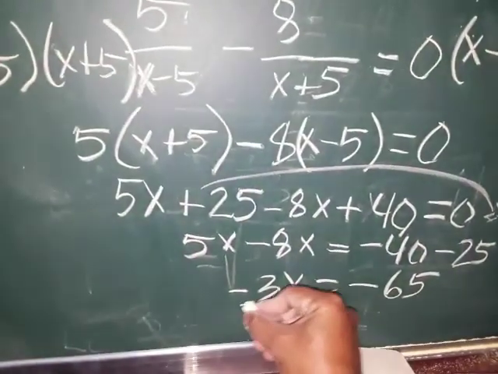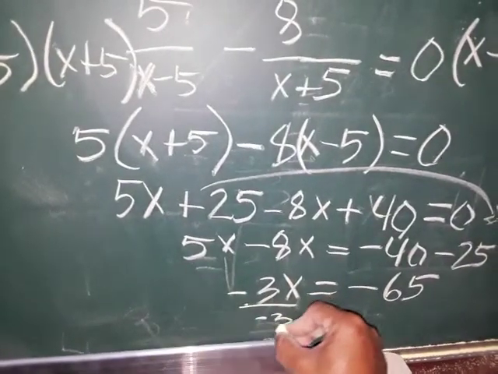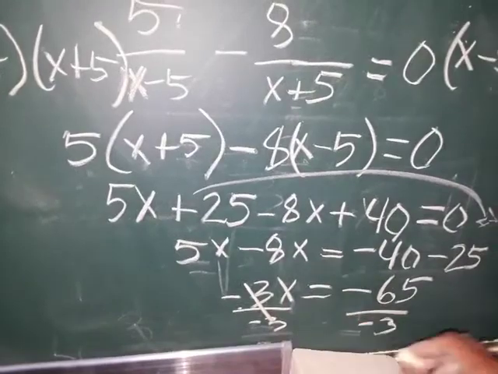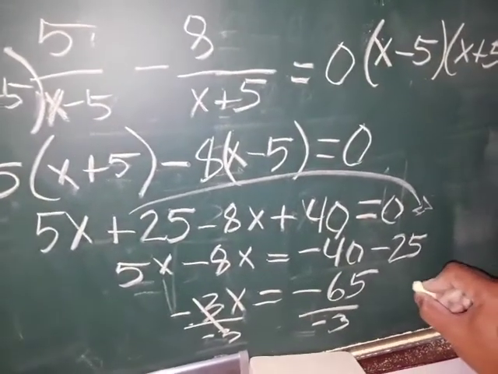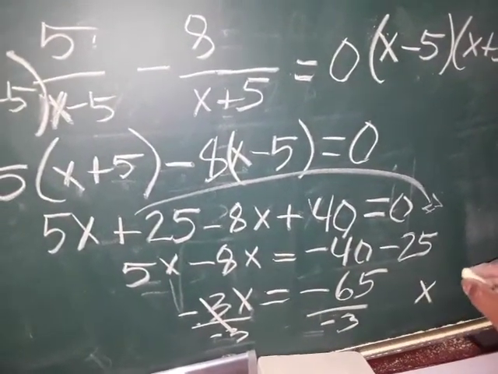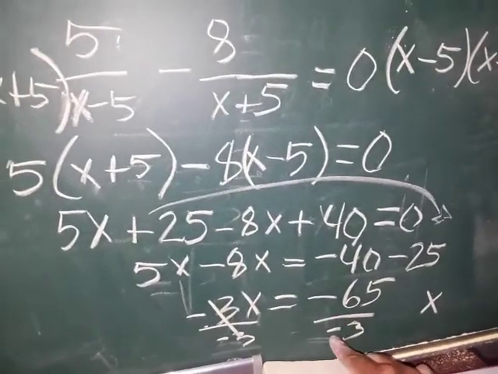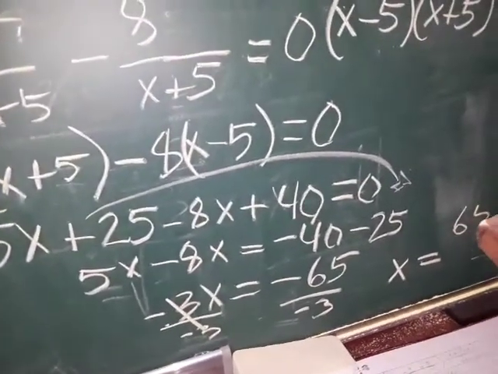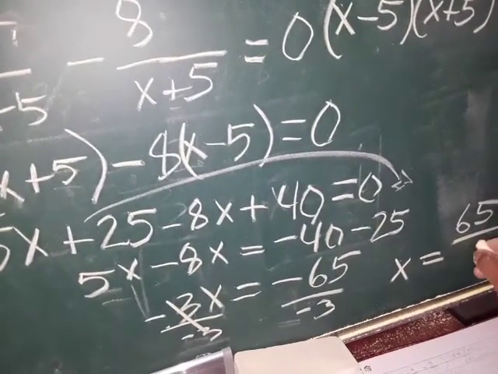Okay, next, divided by negative 3. Negative 3, cancel. So our x is equal to positive. Negative divided by negative becomes positive. 65 over 3.